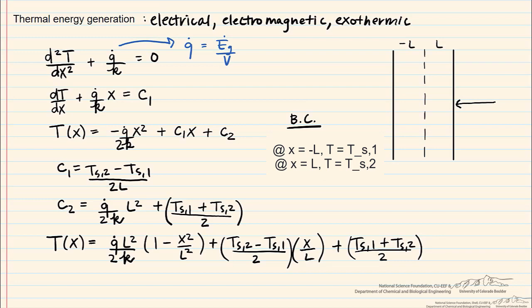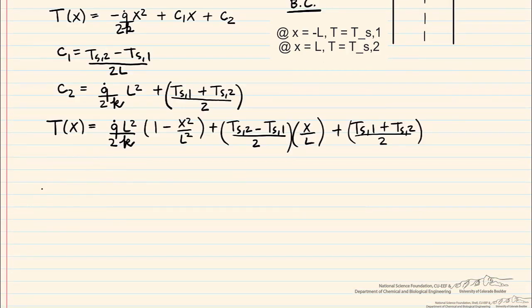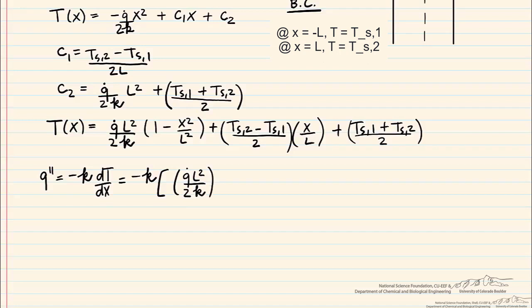Note what happens, though, when we use Fourier's law. So we find that when we solve for the heat flux, which is equal to minus k dT/dx, we end up with minus k times q dot L squared divided by 2k, and this whole thing is multiplied by minus 2x over L squared, plus Ts2 minus Ts1 divided by 2L.